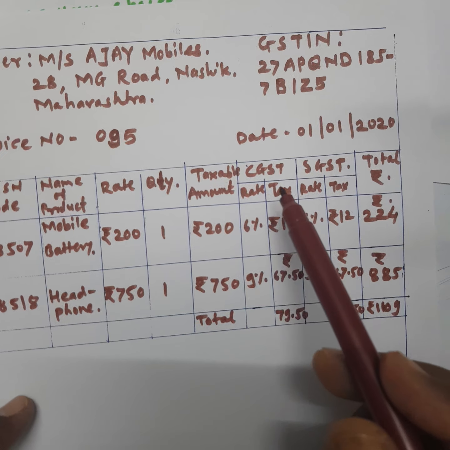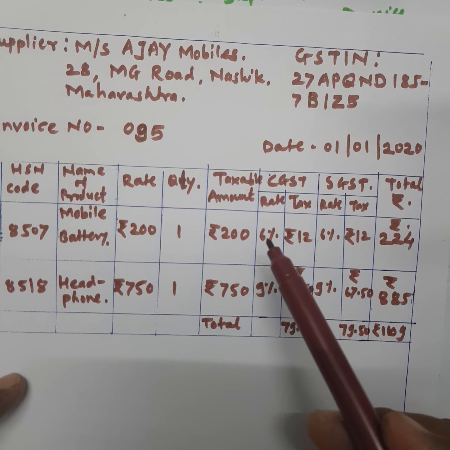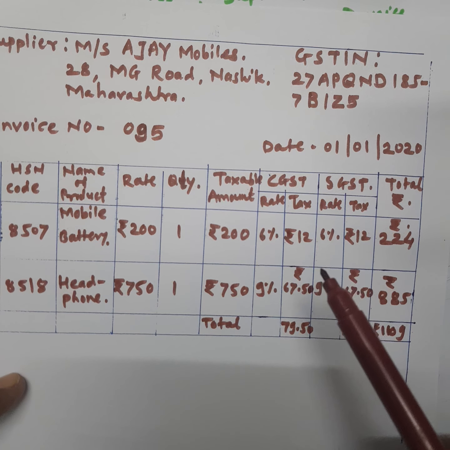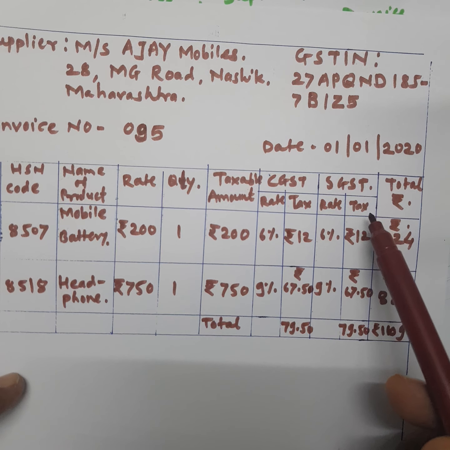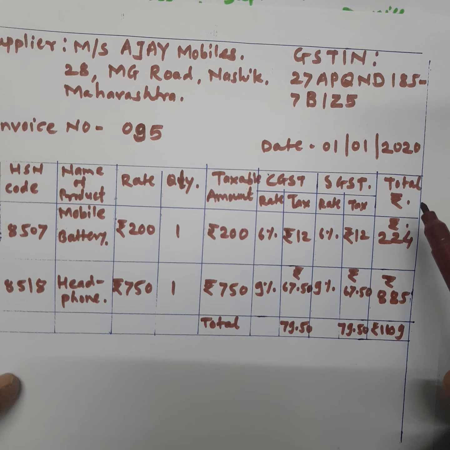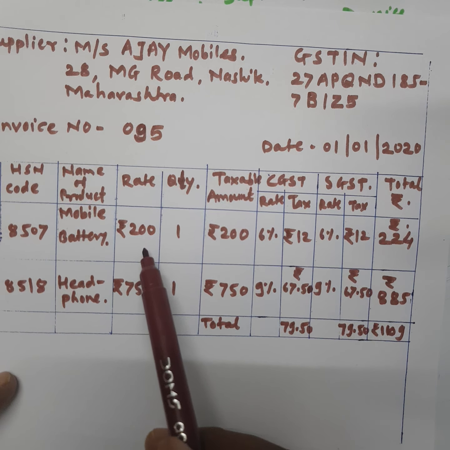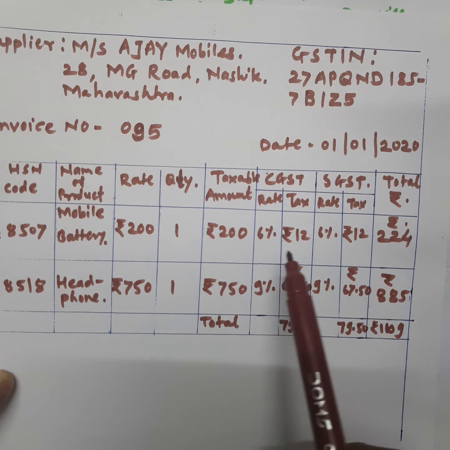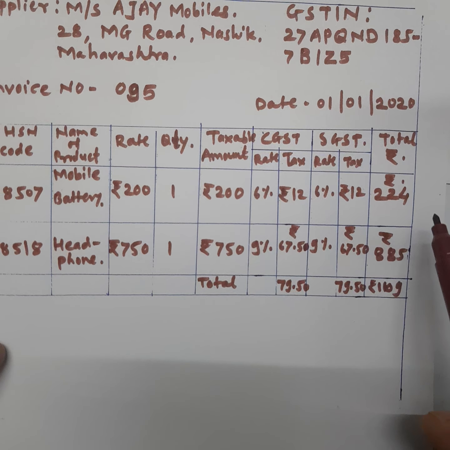Then 2 columns of GST, CGST and SGST. Under each column there is a rate of tax and amount of tax. And again the last column is total amount, that is, to purchase a mobile battery he has to pay rupees 224. 200 is taxable amount and 24 rupees is CGST plus SGST.